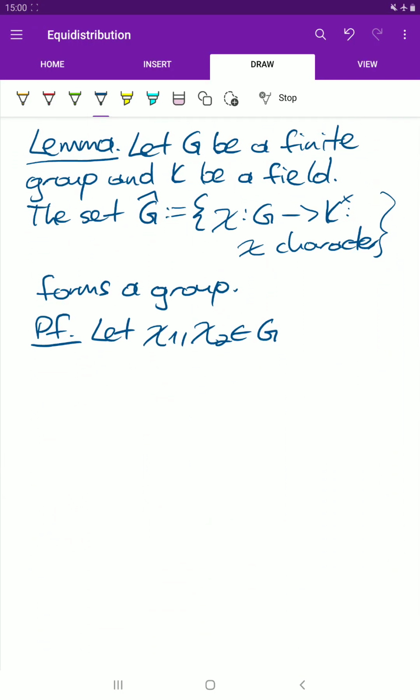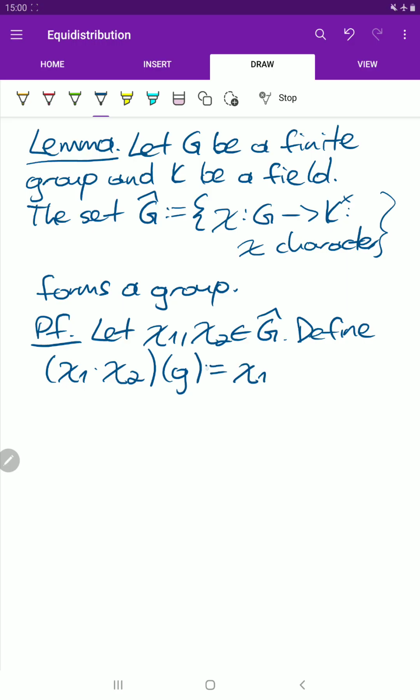Okay, so we have 2 characters, and we define the group operation as follows, namely just by pointwise multiplication. So this is just defined to be chi 1 of G times chi 2 of G. Okay, so now we have our operation.